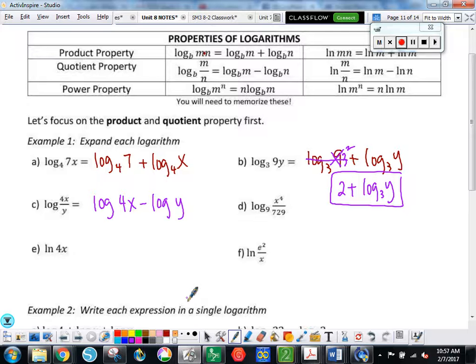However, is that fully expanded? Could it be expanded more? Could I take this right here and keep going with it? If we expand this one, log of 4 plus log of x minus log of y.